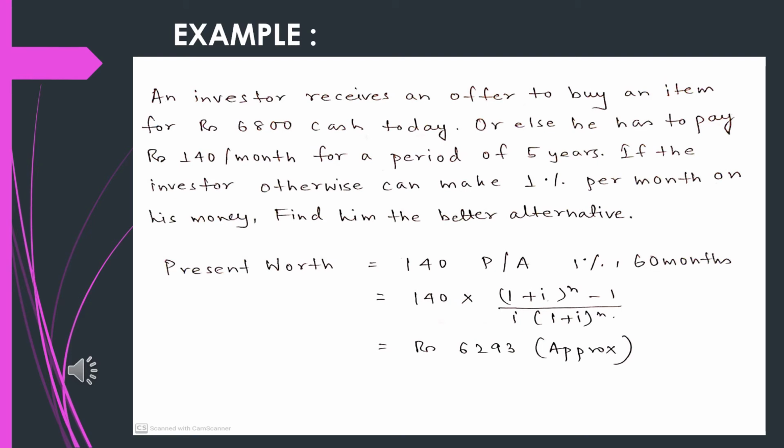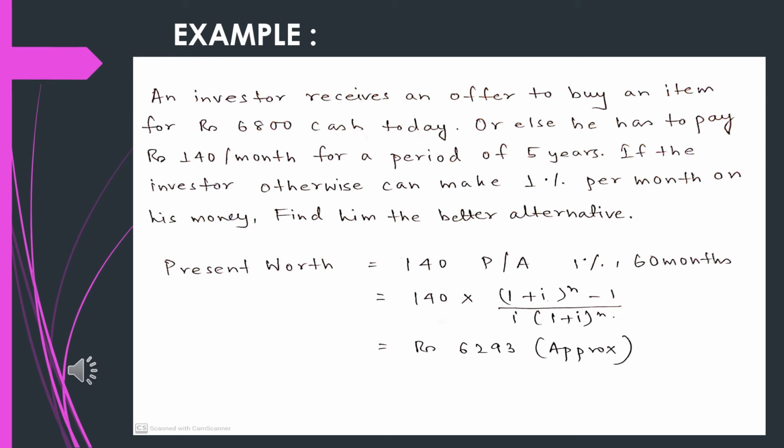So there are two present worth options. Number one is 6,800 rupees cash, and the second is the payment of rupees 140, which will be the same throughout the tenure, so we can easily consider it to be an annual worth.